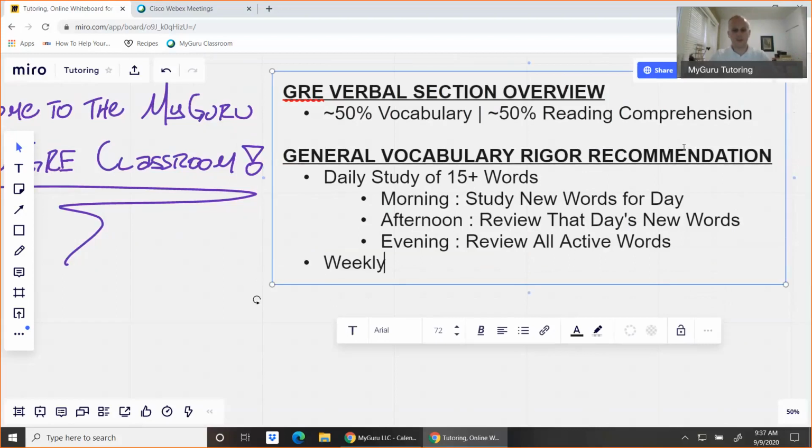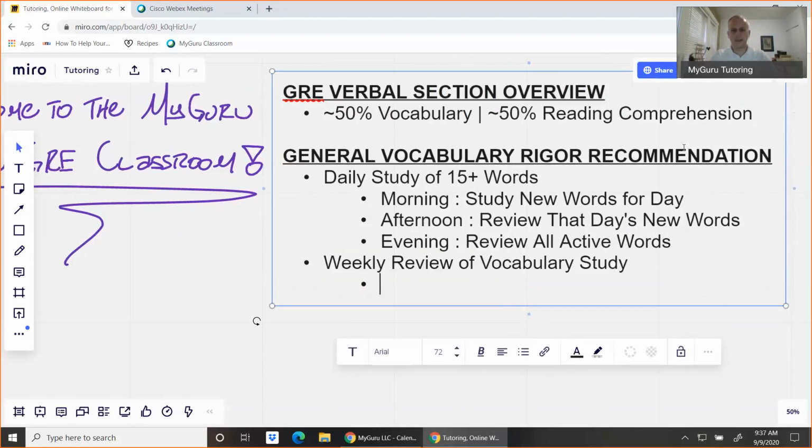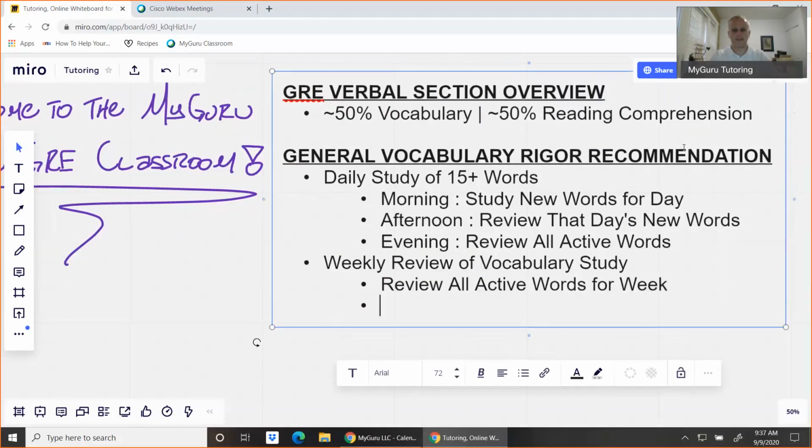So your weekly review of your vocabulary, basically once a week, you'll want to review all active words, and you'll want to retire active words that you are certain of once a week.